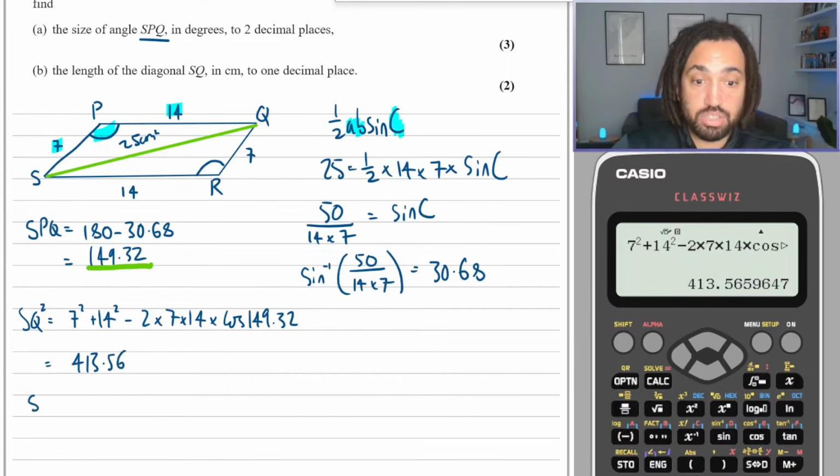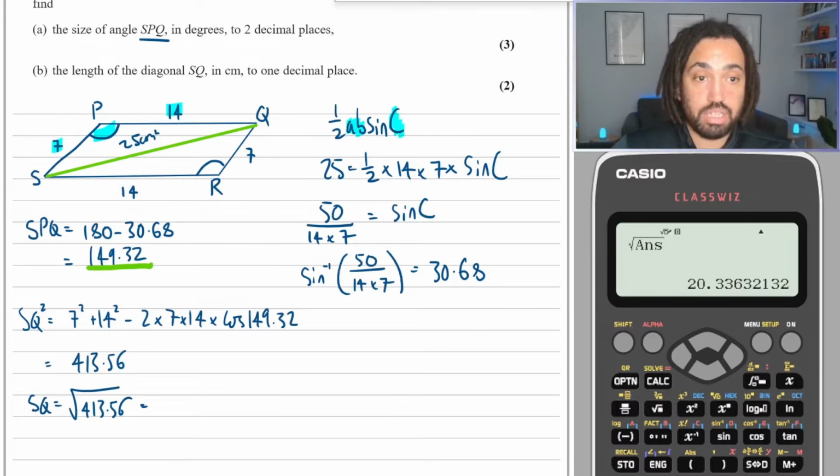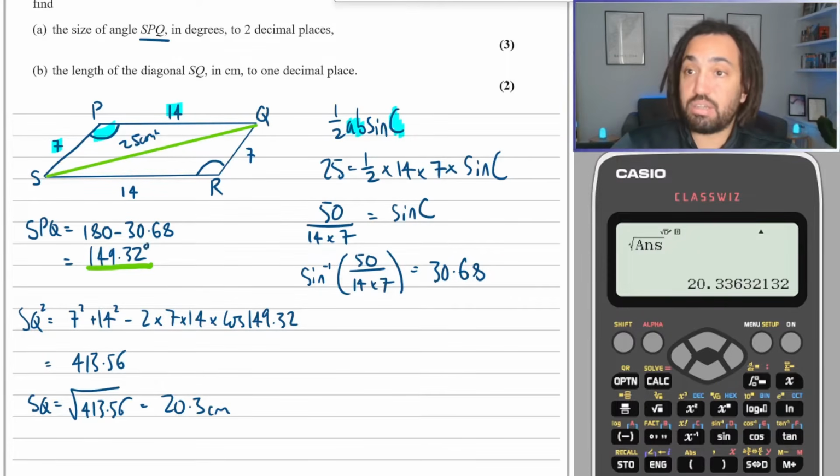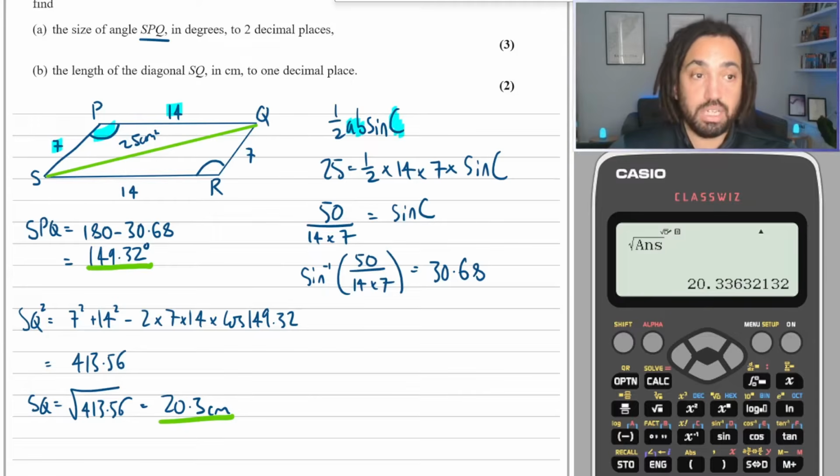And then I'm going to need to square root that in order to get my value for SQ. So I will square root that previous answer and I will get 20.3. Perfect, and that is in centimetres, and this was in degrees. Job done.